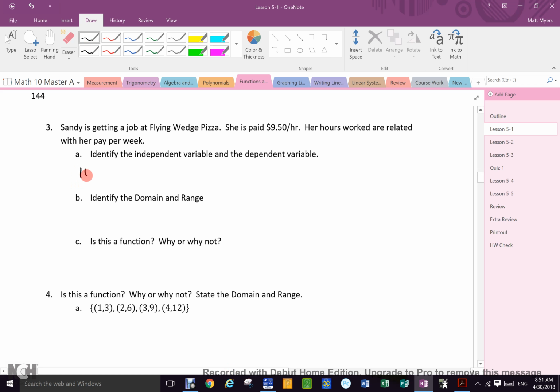What is the IV and what is the DV? You got a 50-50 shot if you haven't been paying attention. But if you've been paying attention, it's not too hard to figure out. Right. Hours is independent and pay is dependent. Why?